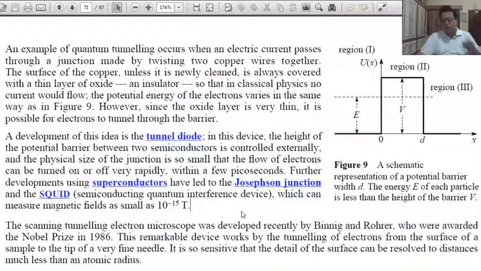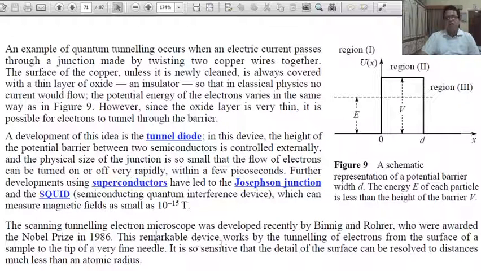The superconductor Josephson junction you will study in solid state physics, and SQUID is a research topic in which superconducting quantum interference devices are theoretically and experimentally investigated by scientists. The scanning tunneling microscope was developed recently by Binnig and Rohrer, who were awarded the Nobel Prize in 1986.